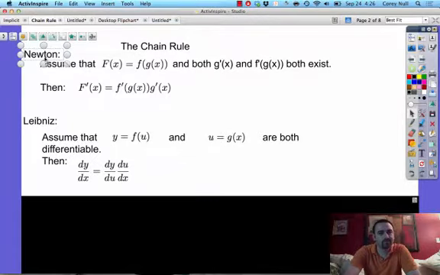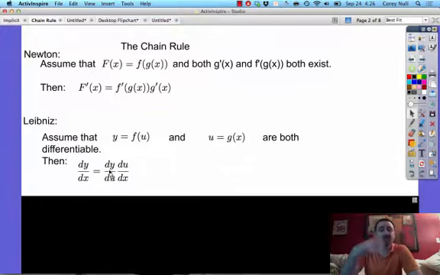Then the derivative of the entire function is the derivative of the original outside function, if we regard the inside as just a variable by itself, times the derivative of that inside function evaluated at x.